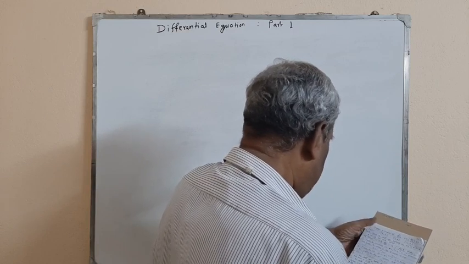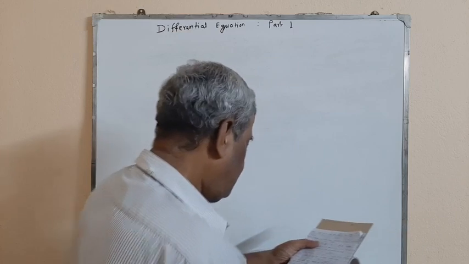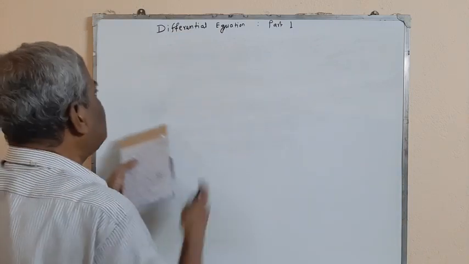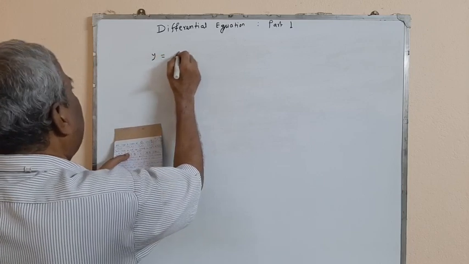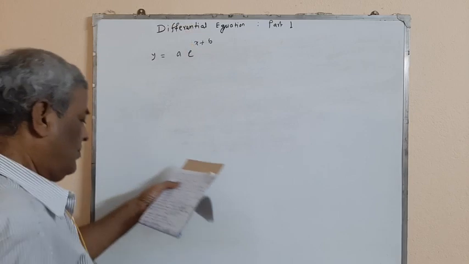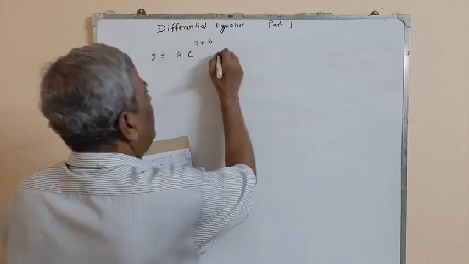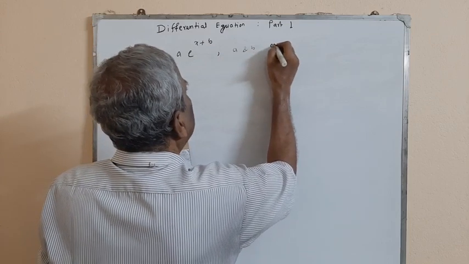Our next problem: from the relation y is equal to a into e to the power (x plus b), a and b are arbitrary constants.